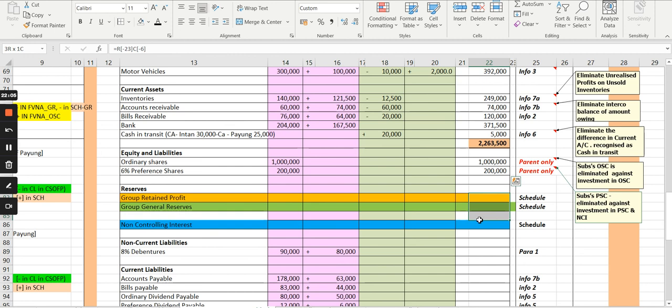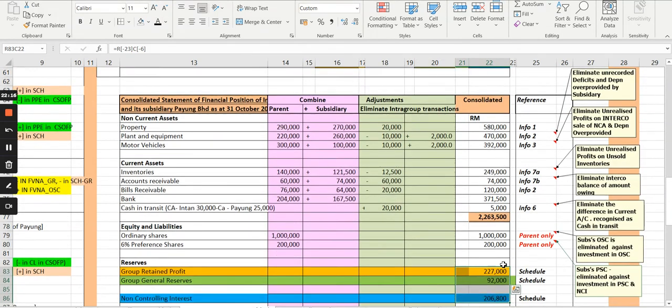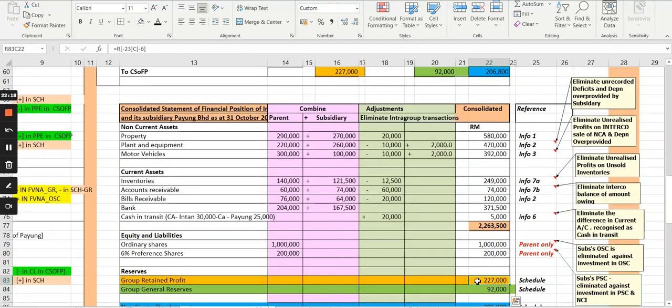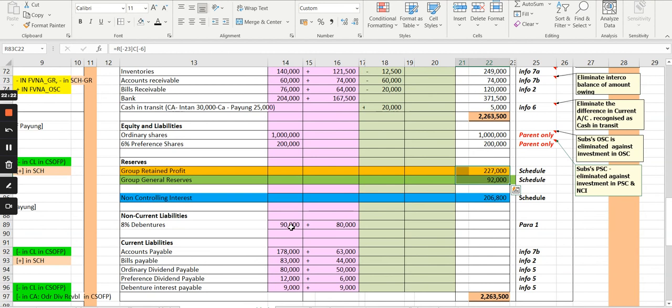For the general reserve and group general reserve, group retained profit, non-controlling interest, those are all from the schedule. You can see the schedule here. I transfer the color according to whatever we have calculated and put the color there. The debenture, you combine the debentures first, then eliminate the amount acquired.